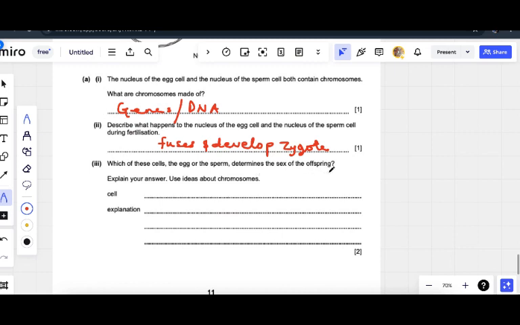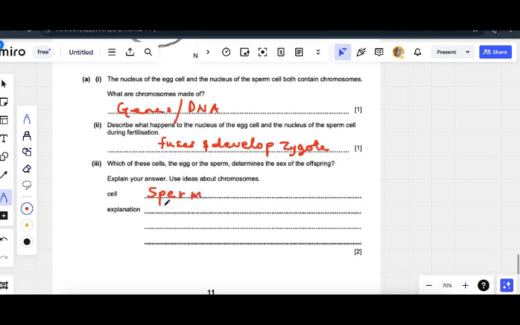Now, which of these cells, the egg or the sperm cell, determines the sex of the offspring? Explain your answer. Use ideas about chromosomes. It is the sperm cells that determine the sex of the baby or the offspring.